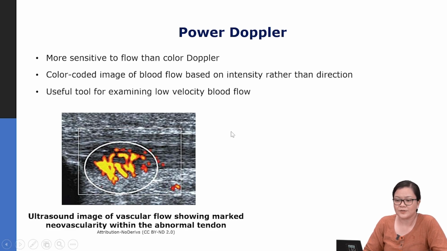So it's also useful for examining very low velocity blood flow. For instance, down here is an ultrasound power Doppler image of an abnormal tendon with some small blood vessels, or neovasculature. Typically in a color Doppler image, this might not be seen. But for power Doppler, because it's more sensitive, you can see the really small blood vessels quite well.